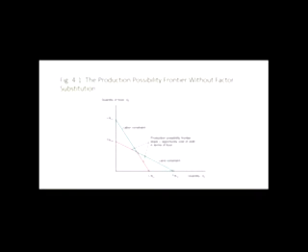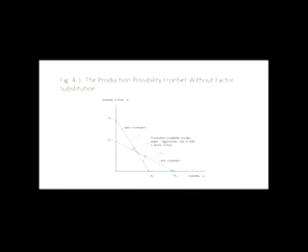Now, why is it a bow shape? The basic reason is that now we have two factors of production, and when keeping one factor constant and increasing the other factor, we have a decreasing marginal productivity. For example, we have the factor of production land, and we have the total output of food QF.